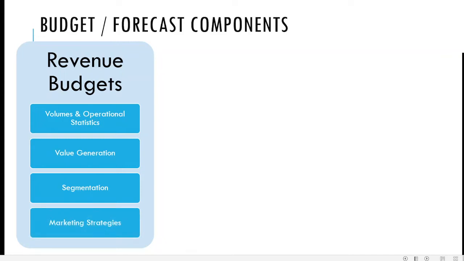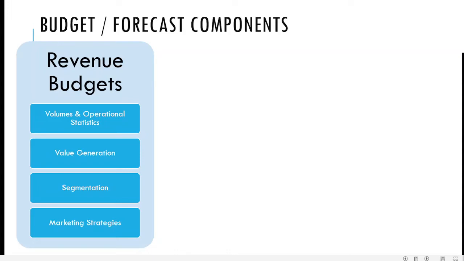And then finally, we do the marketing strategies. What are the marketing activities we are going to do? What are we going to do in direct sales, B2B sales, B2C sales? What are we going to do for digital marketing? Where are we going to use the spend?